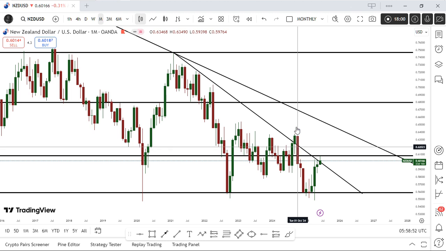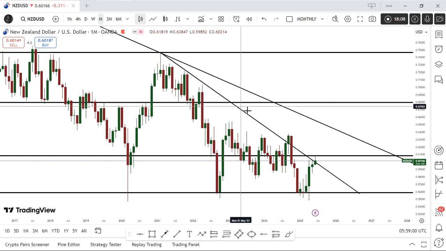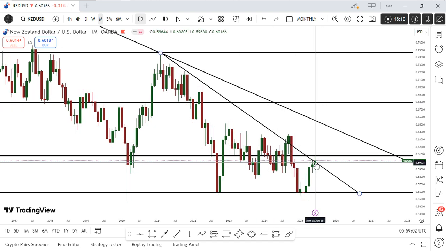But if it did not stay above it and came back down below, can we see what happens? Now we could see that the same thing is trying to occur here. It broke it, but this resistance slapped it back down.